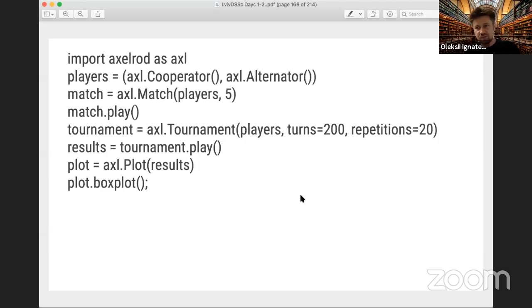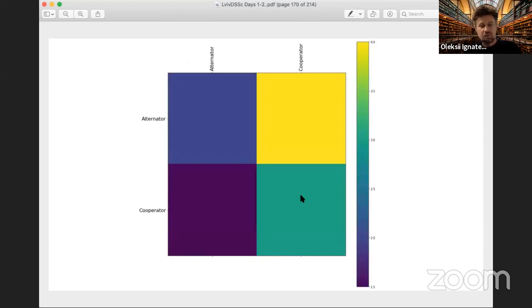So, for example, for this code, first there will be a match between cooperator and alternator. The alternator is doing the opposite, I think, to what the cooperator is doing.